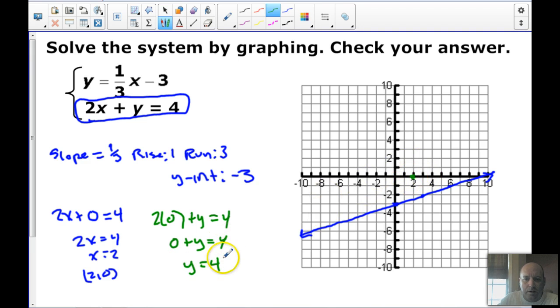So my y-intercept is 0, 4. Then I can connect these points and try to get a pattern to draw my line.